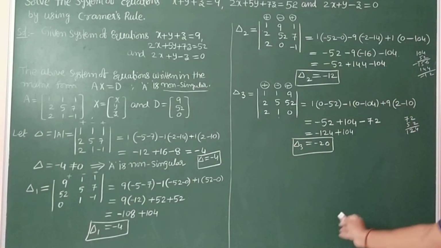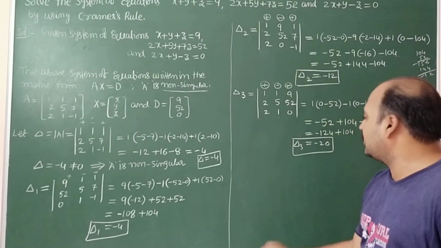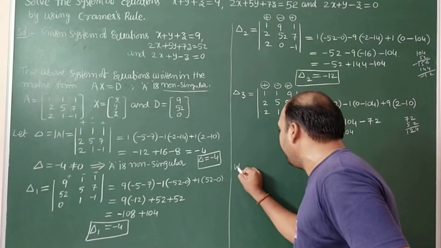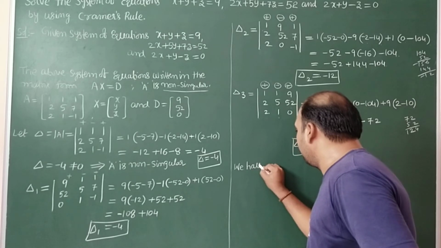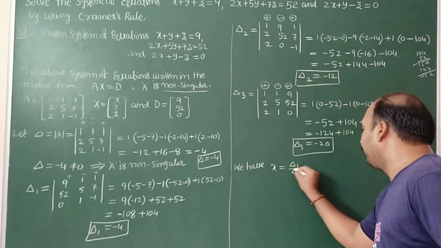So after getting the values of delta 1, delta 2, delta 3, for the solution we have x is equal to delta 1 by delta.